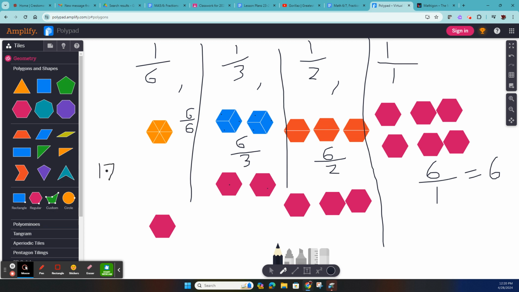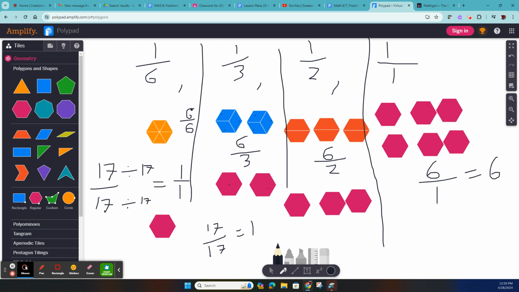If I had 17 17ths, that's going to be equal to 1 whole, because I can reduce it by a common factor. 17 and 17 can both be divided by 17, and that equals 1 whole. I can also look at it like a division question, right? 17 divided by 17, yeah, that's going to be 1.